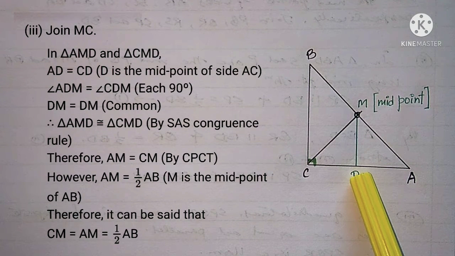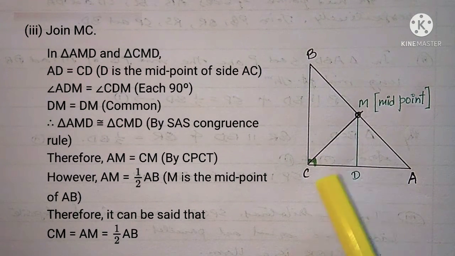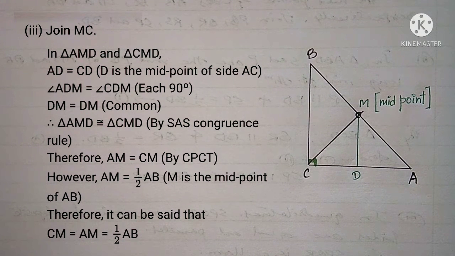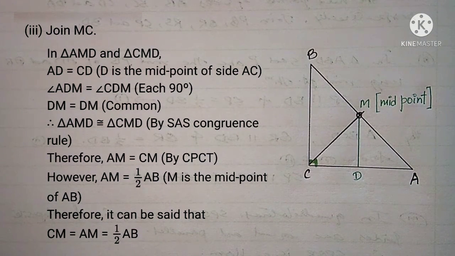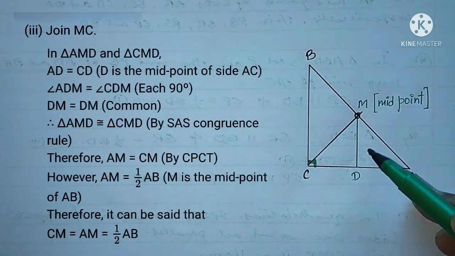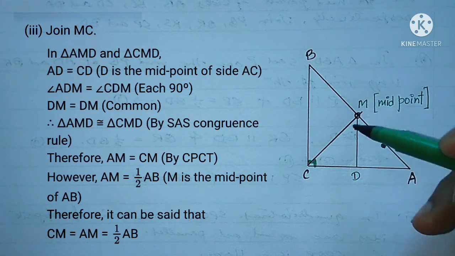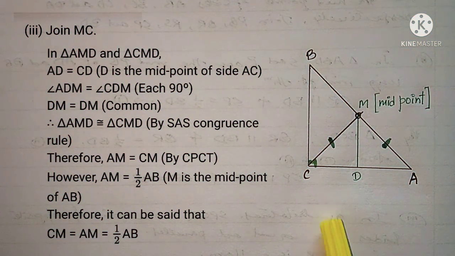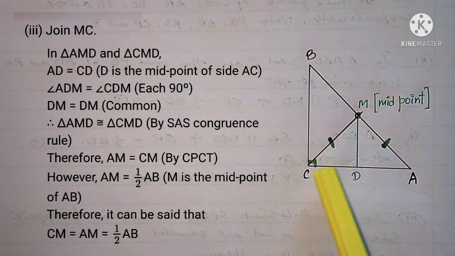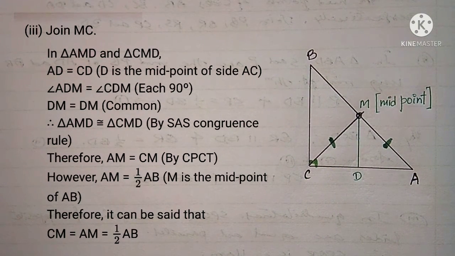By the side angle side congruence rule we can say these two triangles are congruent. If two triangles are congruent, that means their corresponding parts are also equal. So easily we can say in these two triangles, AM is equal to CM. Is it clear? So we write AM equals CM by CPCT.